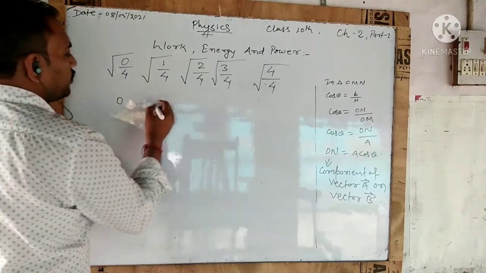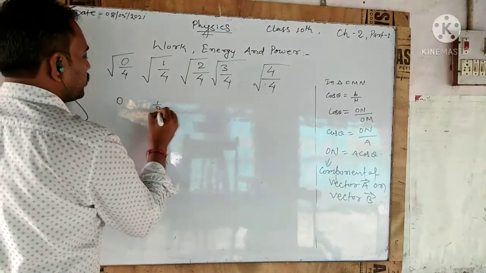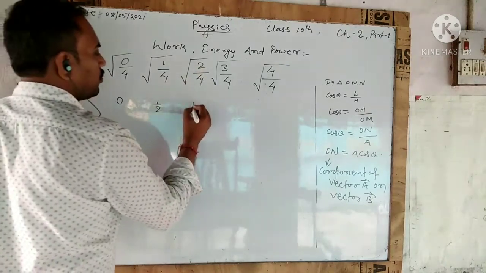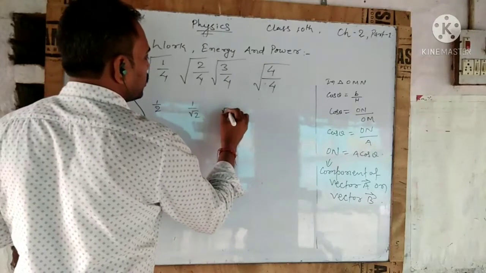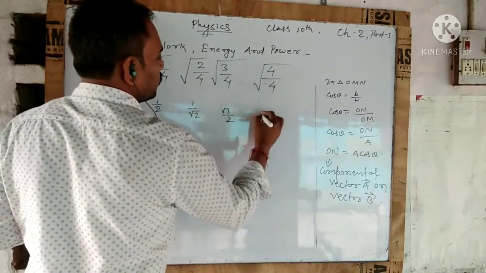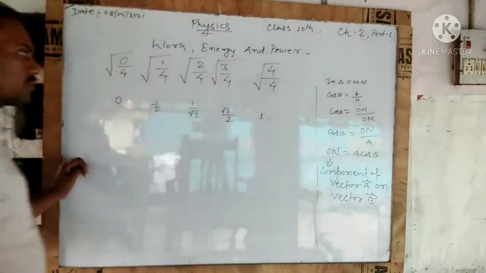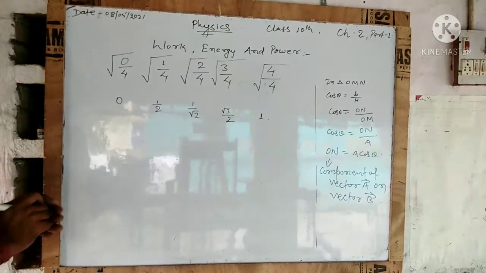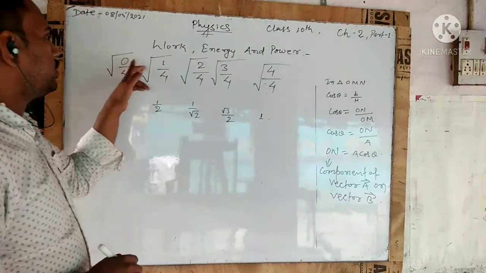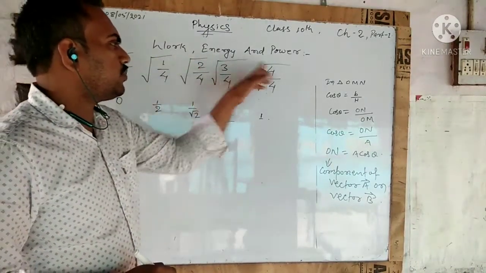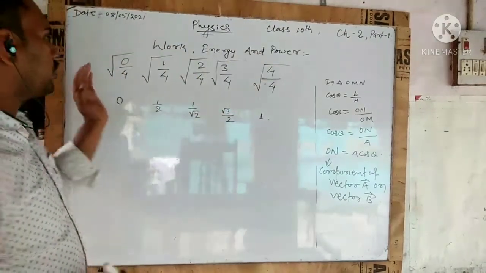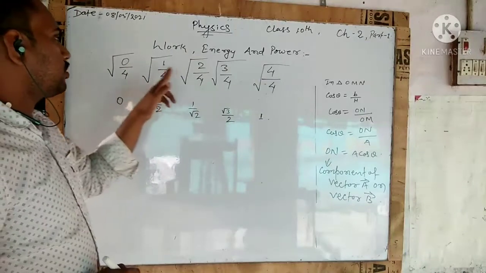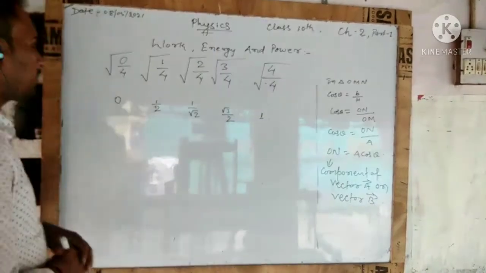This will give 1 upon 2. This will give 1 upon root 2. This will give root 3 upon 2. This will give 1. Okay, it is simple mathematics. I write 0, 1, 2, 3, 4 first, divide by 4 and take the root of the whole.